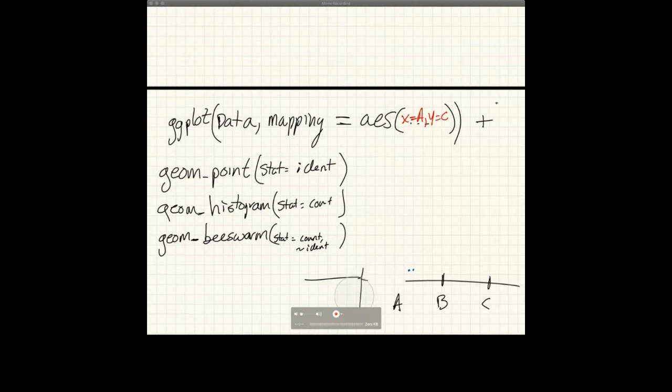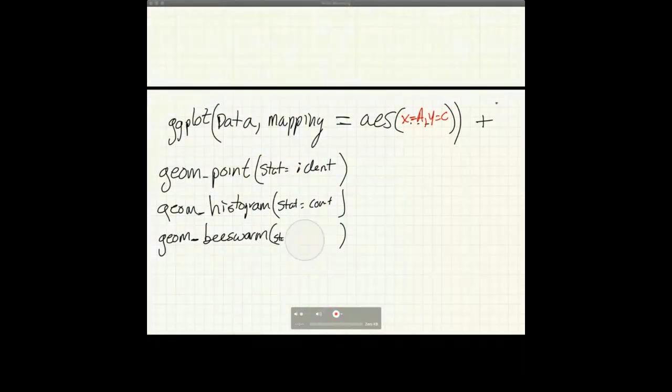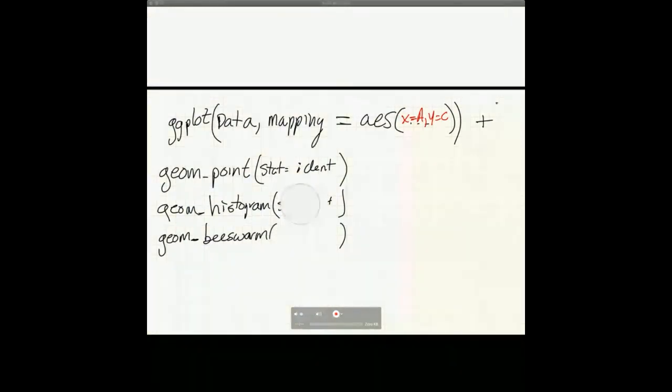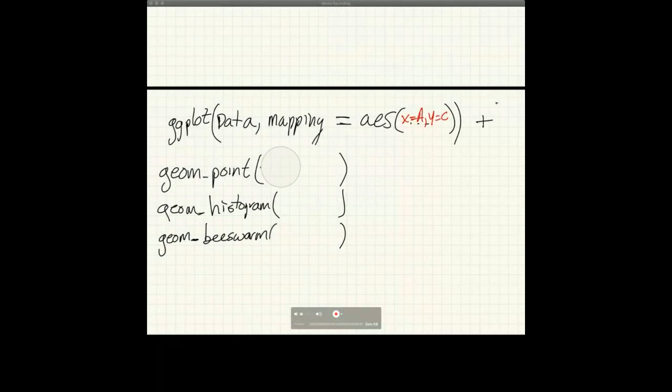So there's a separation between the actual geometry and the statistic that it uses. But by default, we generally just use the standard statistic that's packaged with the geometry. Okay?